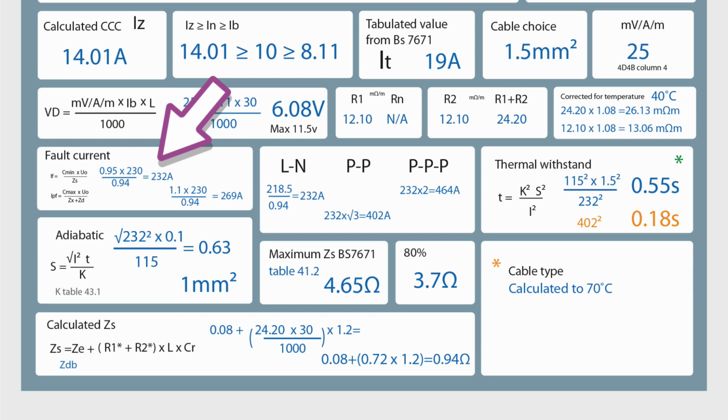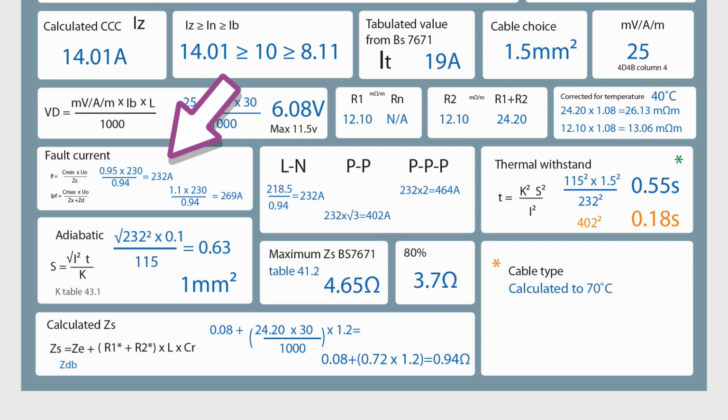Cmin is 0.95, Cmax is 1.1. So our fault current is 230 times Cmin 0.95. Basically that brings the voltage down to 218.5 volts. So 218.5 divided by 0.94 will give us 232 amps. So that's how much fault current can flow in our circuit.